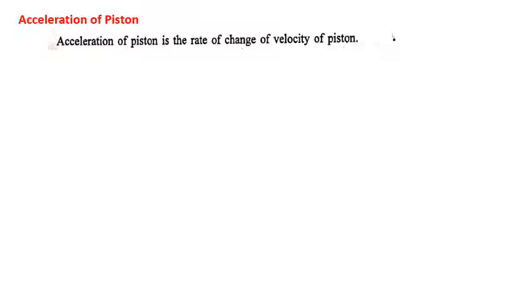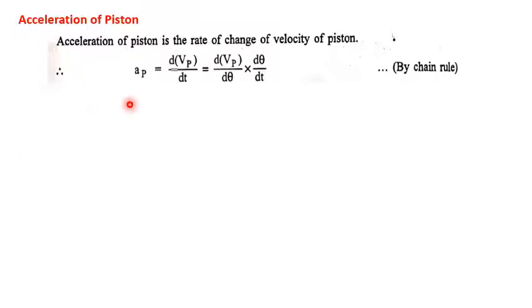So by differentiating that velocity with respect to time, we obtain the acceleration of the piston. Using the chain rule, we can write it as differentiation of Vp by d theta into d theta by dt, because those two terms get cancelled and I get the original equation.